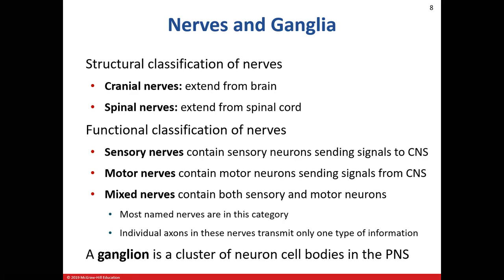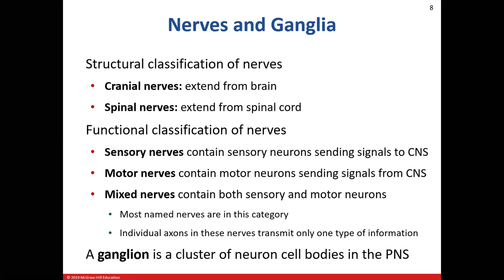We do have some individual nerves, I should say, that are going to be only motor or only sensory, but those are not the majority. Individual axons in these nerves, however, transmit only one type of information.